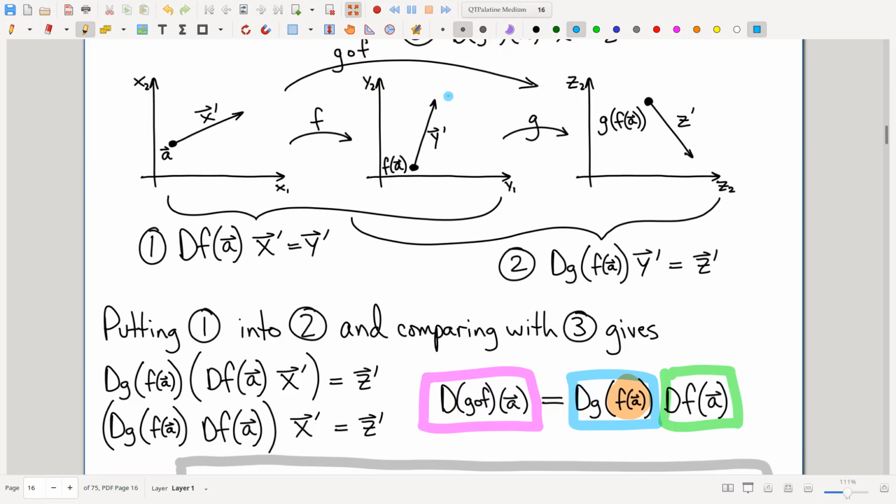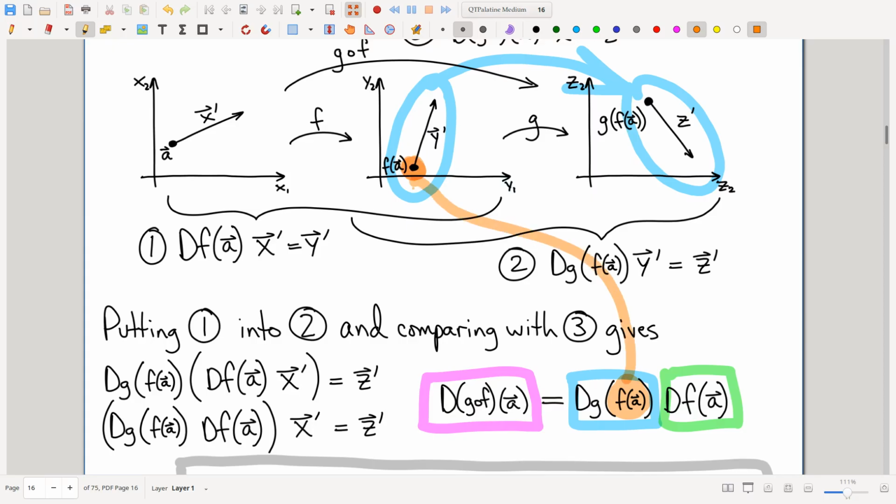DG multiplies by that input velocity to get this output velocity, and it is evaluated where we are when we're moving with velocity y prime in y world, and where you are is not A, it's F of A. Does that make sense? Everybody happy with that? Okay, good deal.